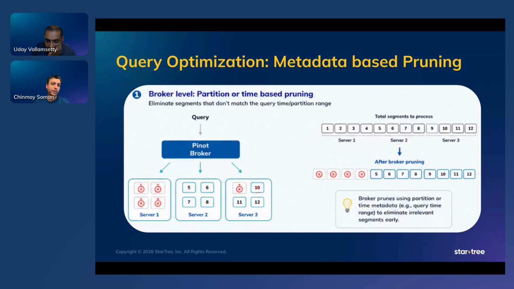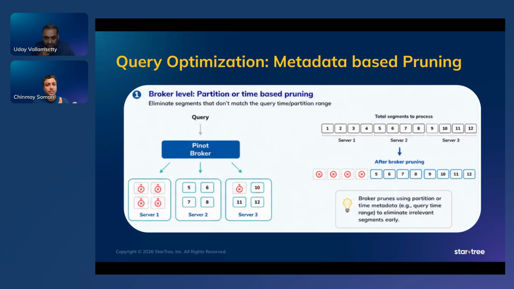For example, if the data is partitioned on a certain set of columns, and that's being used in the query filters, it can leverage that to say, out of these 12 segments, I only need to look at this subset of segments, based on partitioning. Or this could also be time-based pruning. If you have time filters in your query, we do have a time column for every Pinot table, and it can use that to filter out a large group of segments. So it does not have to process these at any point.